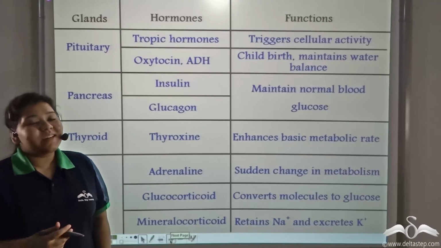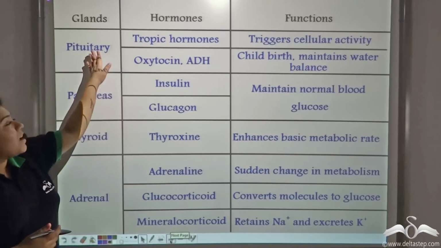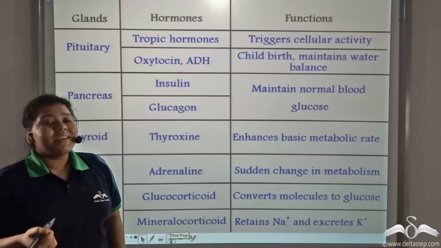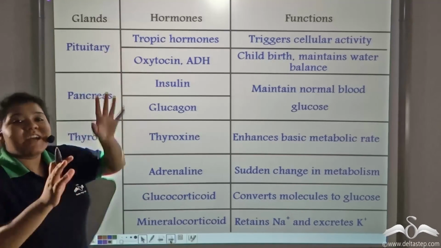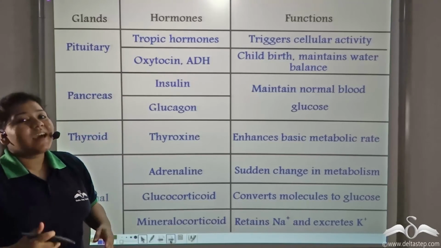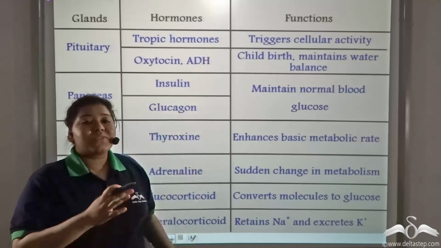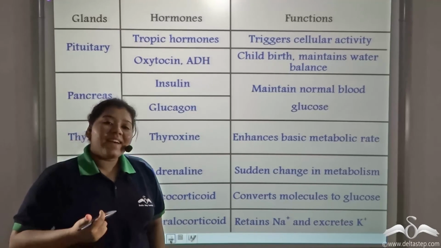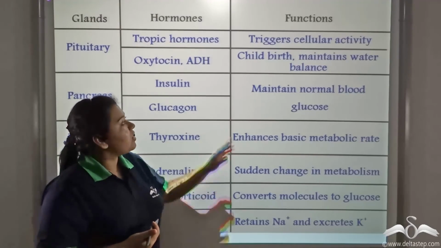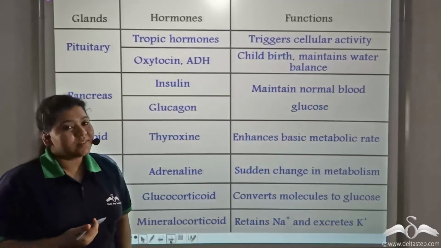Now, let us summarize all the endocrine glands. Well, the master gland that is present in the brain is known as the pituitary gland, which has two lobes. The anterior lobe secretes the tropic hormones, that is growth hormone, thyroid stimulating hormone, and the adrenocorticotropic hormone, which trigger cellular activity such as growth.